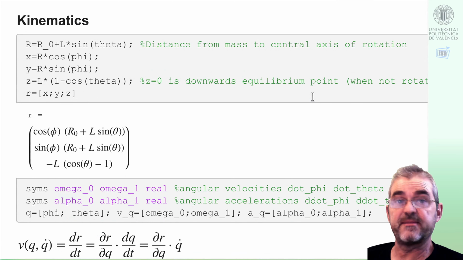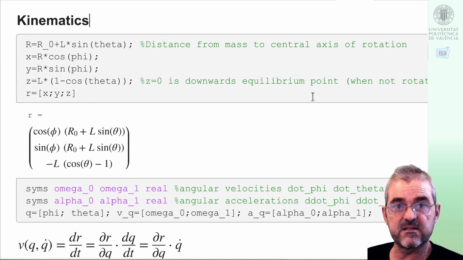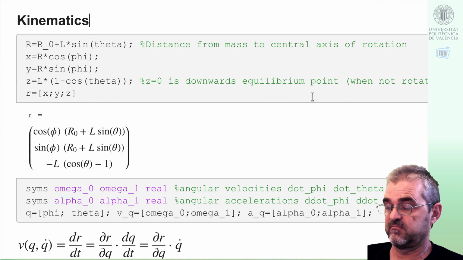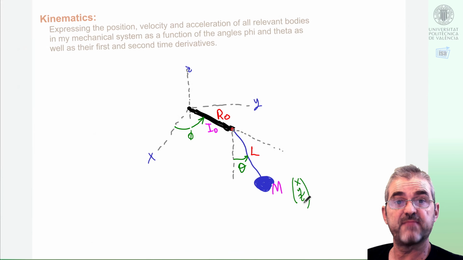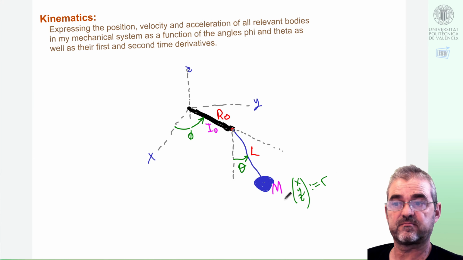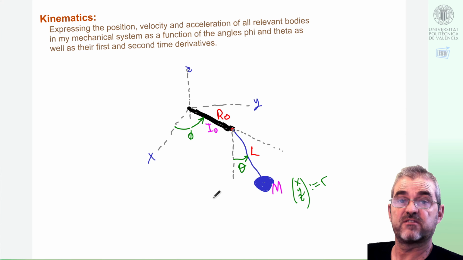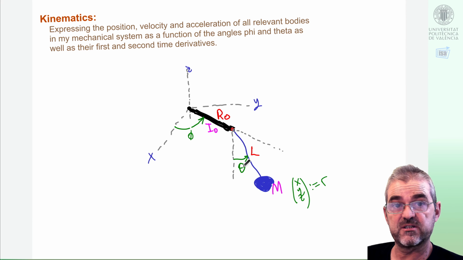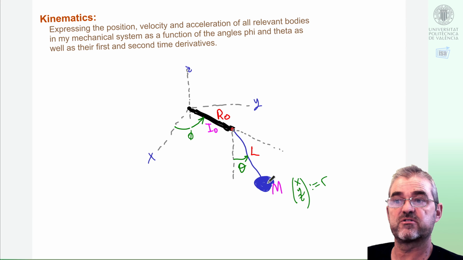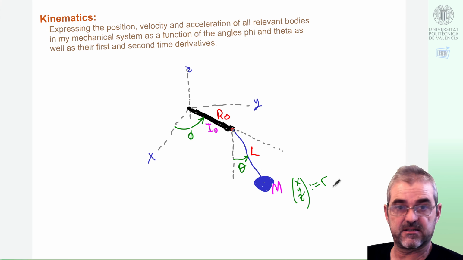we'll discuss the kinematics. What is kinematics? Well, expressing the position of this mass, which I will shorthand as lowercase r, and its velocity and its acceleration as a function of these angular degrees of freedom, angular coordinates, and their velocities and accelerations, angular velocities and angular accelerations. Writing that thing is called kinematics.